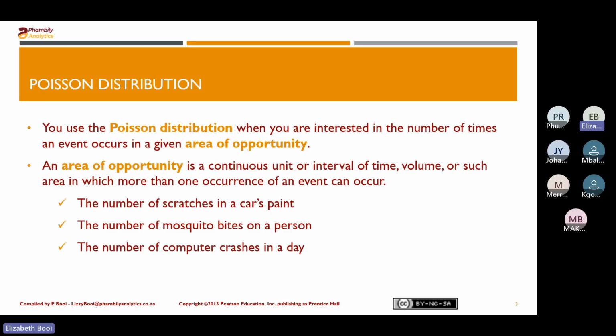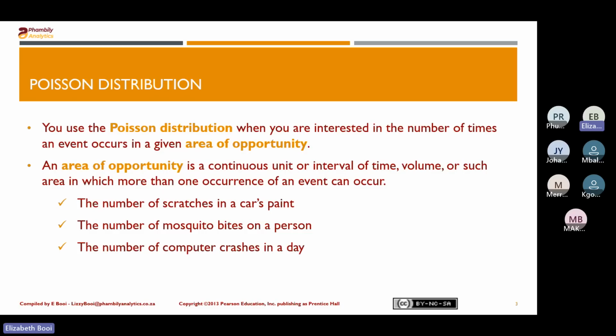You use Poisson distribution when you are interested in the number of times an event occurs in a given area of opportunity. And when we talk about the area of an opportunity, this will be a continuous unit or an interval: time, or a volume, or an area. It can be something that happens more than once as the process continues.